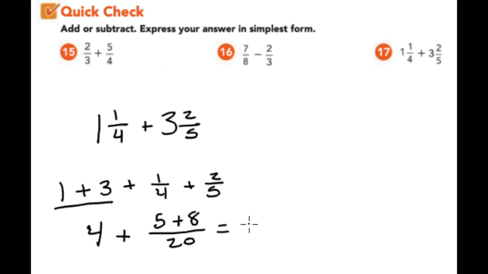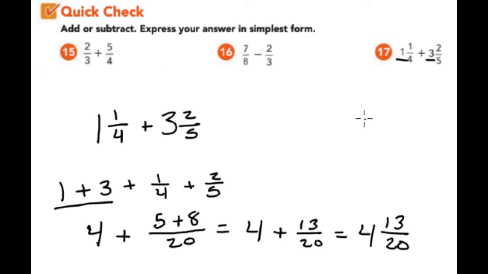So what we're left with here is 4 plus 13/20, which equals 4 and 13/20. So with this method here, if you split it up and add the integers first, or the mixed part of the fraction first, you're going to be dealing with smaller numbers or smaller fractions when you're adding.